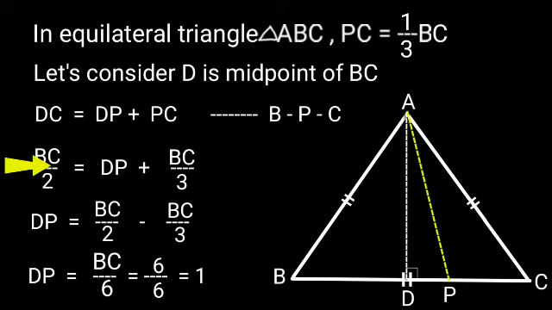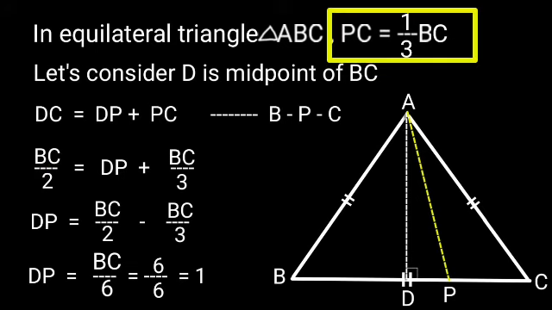Hence, instead of DC, we write BC upon 2, DP as it is. PC is given BC upon 3.